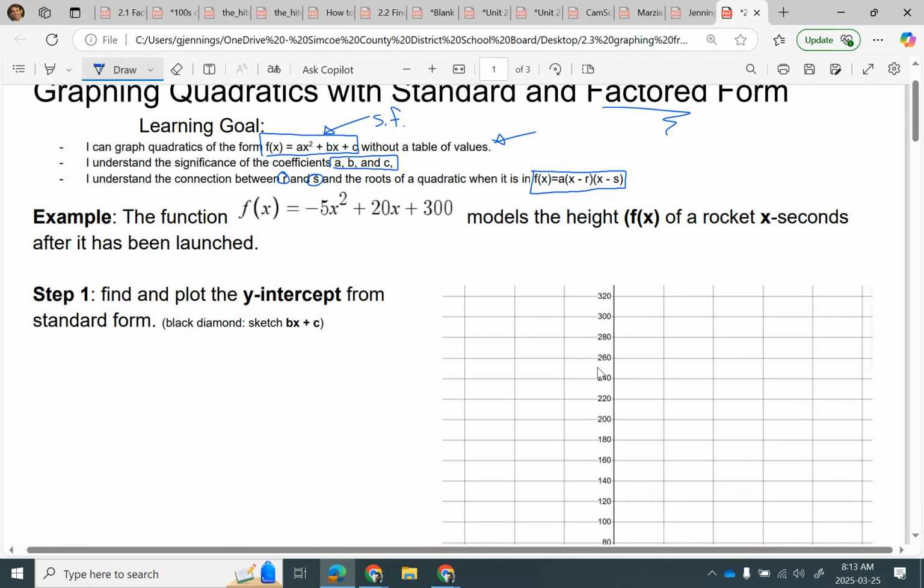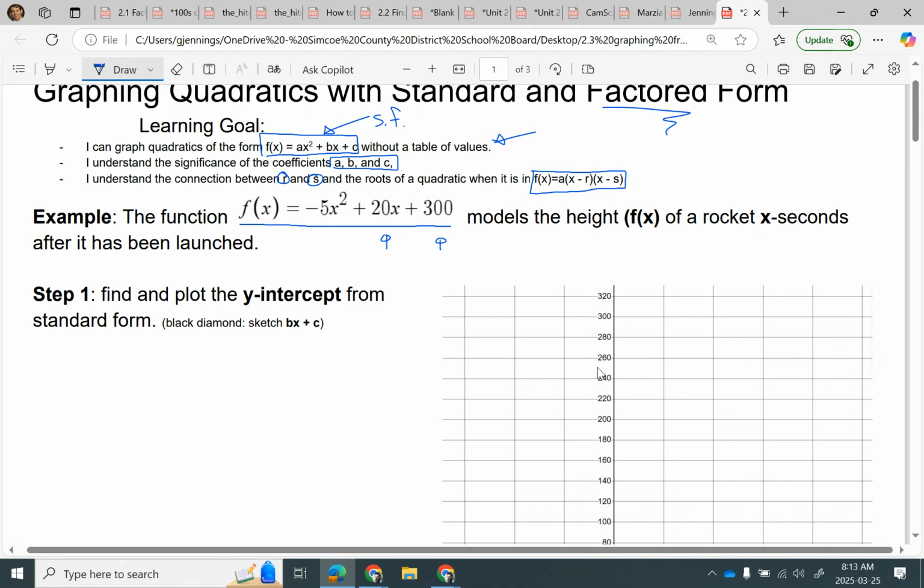All right, so let's get back into the world of physics and applications in science where we might see some quadratic functions. Here's a function, f of x, given as negative 5x squared plus 20x plus 300.